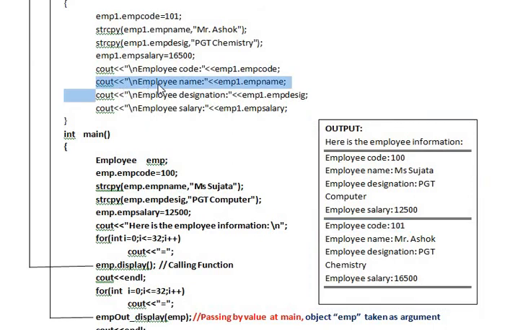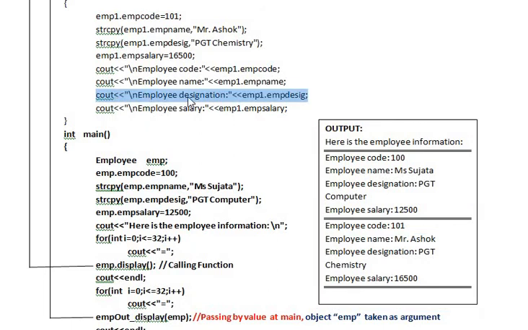In the same way, the next statement prints the text employee name, which is within inverted quotes, into the output exactly like this, and along with that it's going to print the value of the data member EMP name, which belongs to the object EMP1, and that value is Mr. Ashok. So it's employee name and Mr. Ashok that's going to be shown as the output.